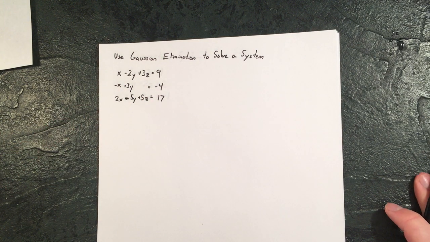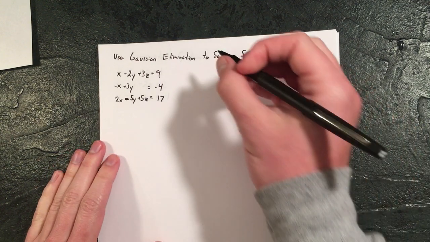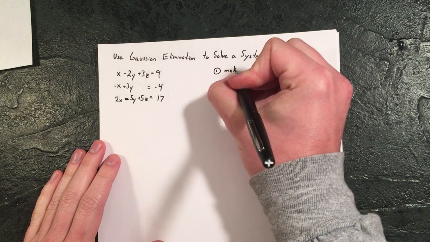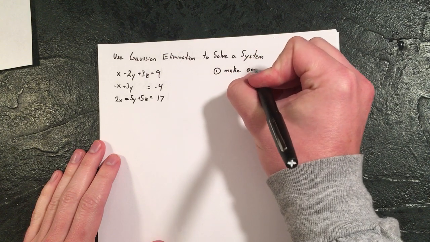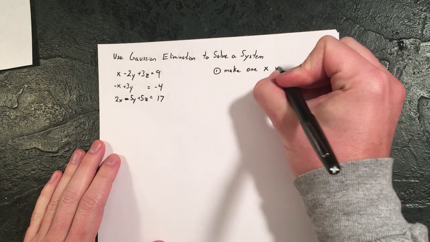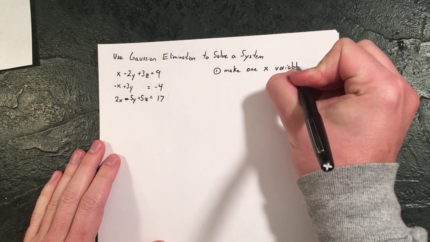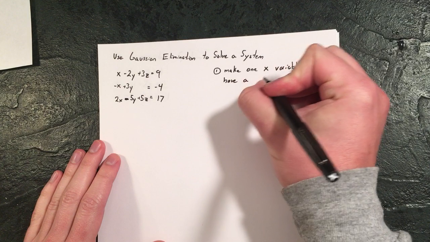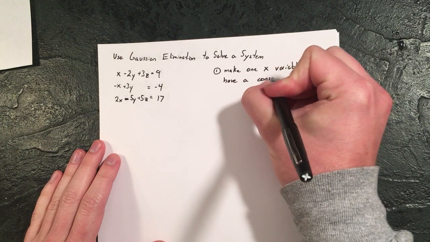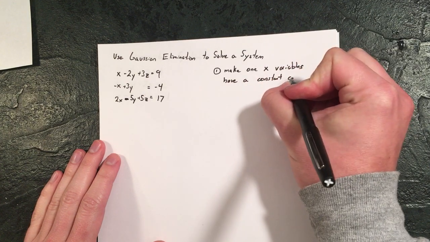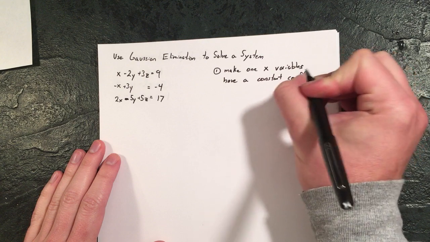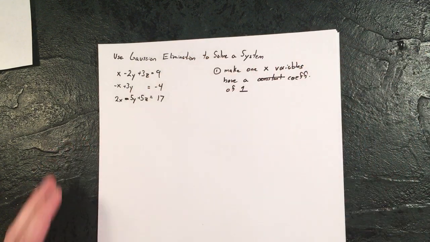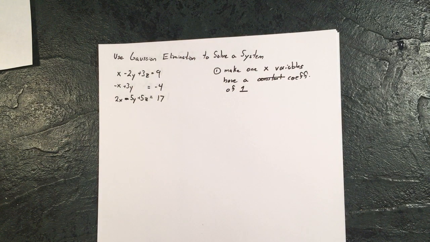The first step of Gaussian elimination is to make one of the x variables have a coefficient of 1, which we already have right here off the bat.